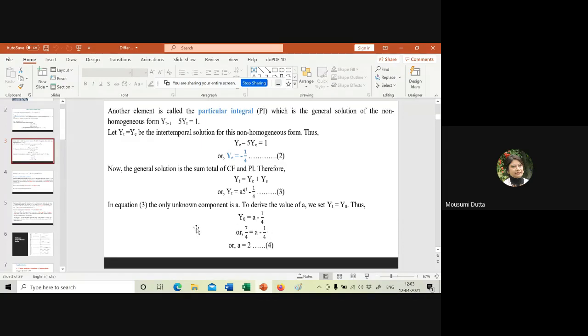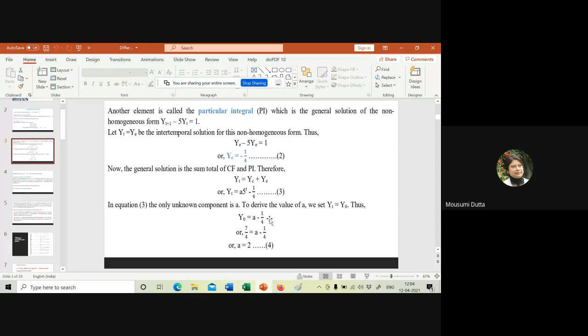If you look at this equation, what we have done is just taken the difference between Y naught and YE. So always the difference between the initial value and the equilibrium value is the value of A. Everybody is understanding this matter? The difference between the initial and the equilibrium value is nothing but the parameter A.